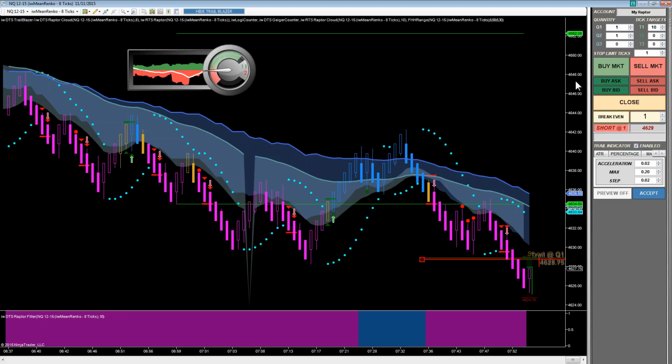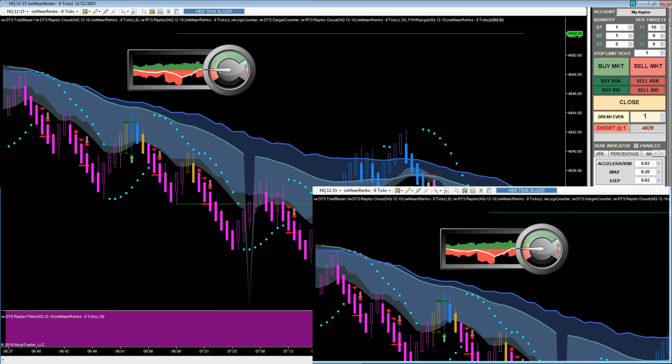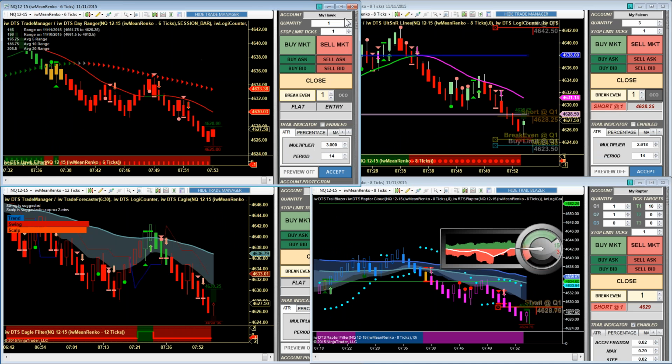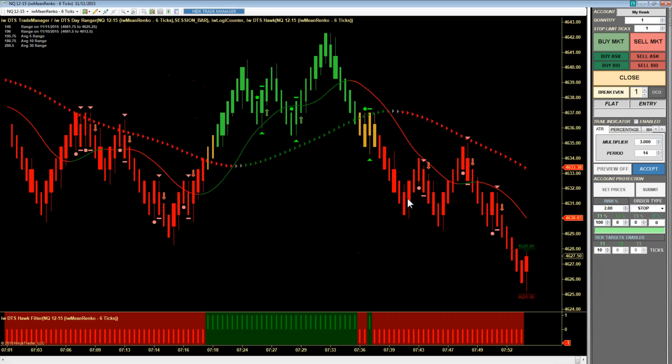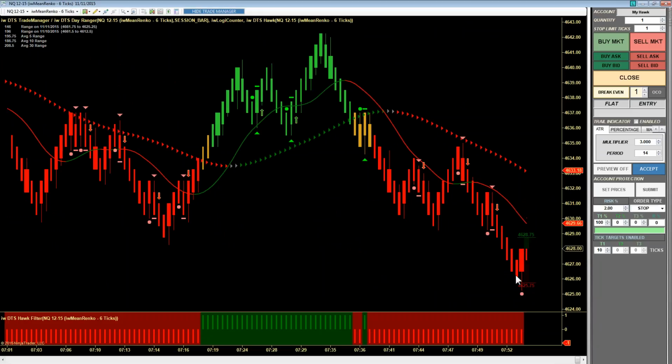Bo is asking, he says, my Ninja 6-tick Renko bar is different than yours. It's because I'm using the Indicator Warehouse mean Renko bars. I wish they had thought of a better name for them, but the mean Renko bars, which is the chart style that I use, with the dynamic equivolume overlaid, so it incorporates the volume into the bar as well. These actually comprise the best of both worlds.